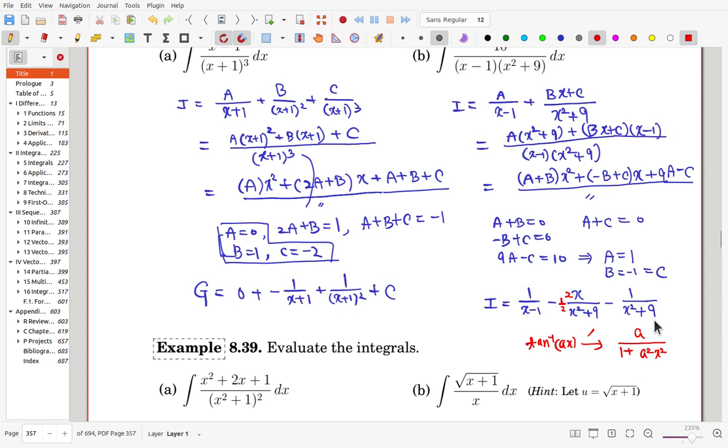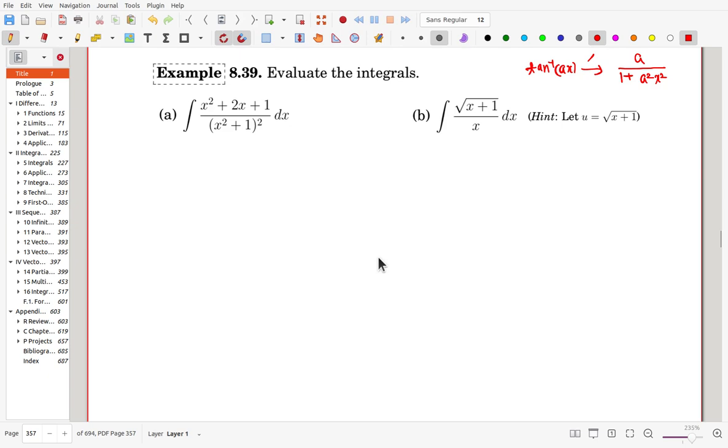A is 1/3, then you can get it. So that one's antiderivative is basically arctangent, a constant multiple, times x over 3, right? Okay, and after getting each of them, plus c will be the final answer. Okay, let's go to this problem.